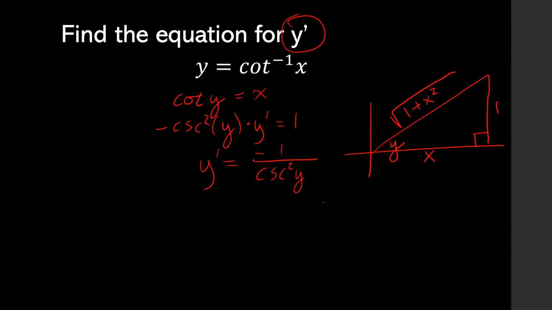Cosecant is the reciprocal of sine, so the length of the hypotenuse divided by the length of the side opposite y. Oh, and we are squaring. So negative 1 over the square root of 1 plus x squared, squared, is 1 plus x squared in the denominator. Do you need absolute value there? You do not. 1 plus x squared is always greater than 0.